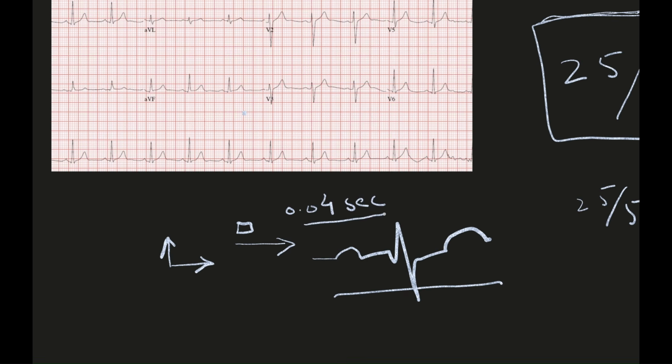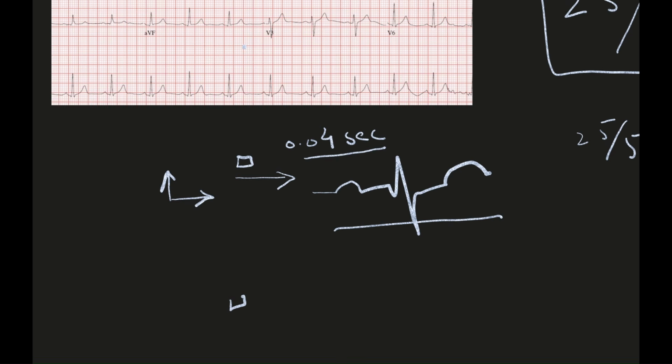You need to cram it. You need to remember it by heart. So if I join 5 of these small squares on the x-axis like this, the total time for these 5 small squares becomes 0.2 seconds.